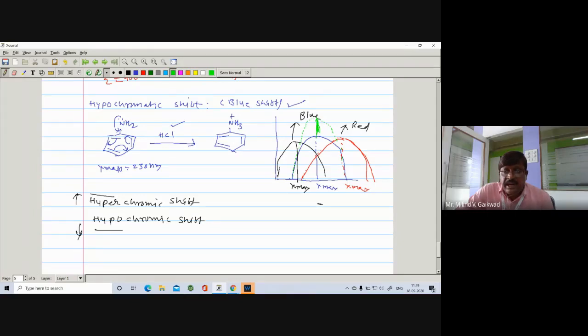So the absorption A is increased, the height and amplitude are increased. It is called hyper, meaning more: hyperchromic shift.